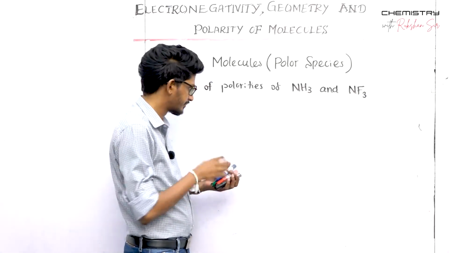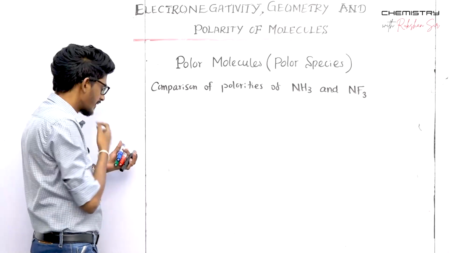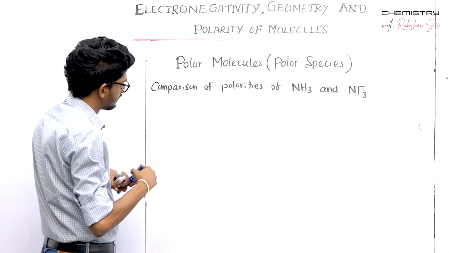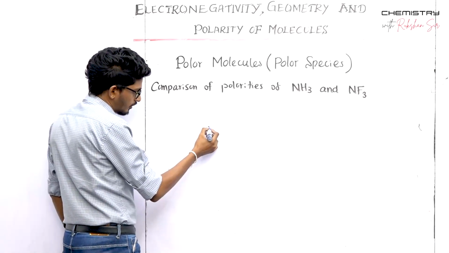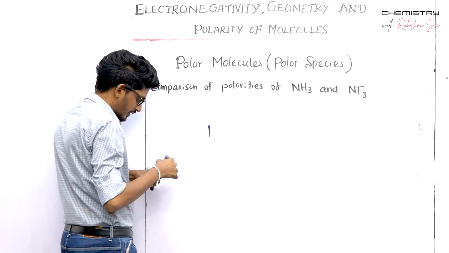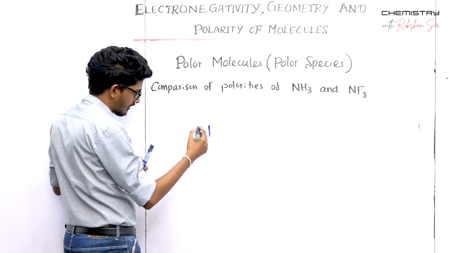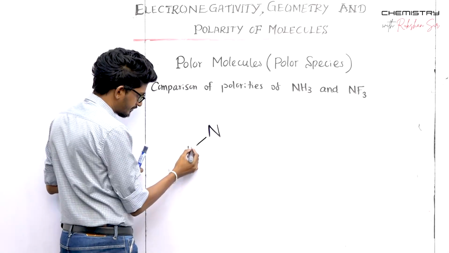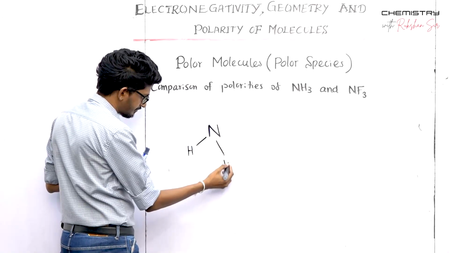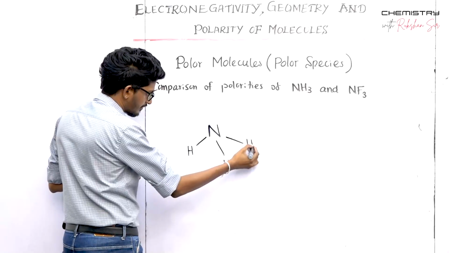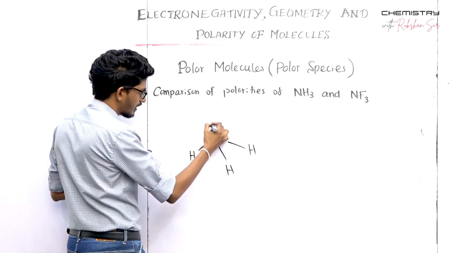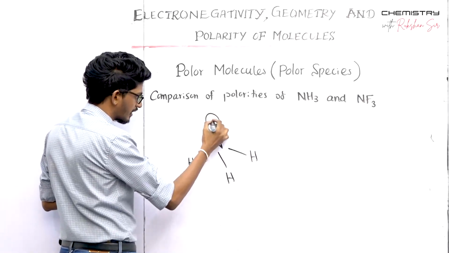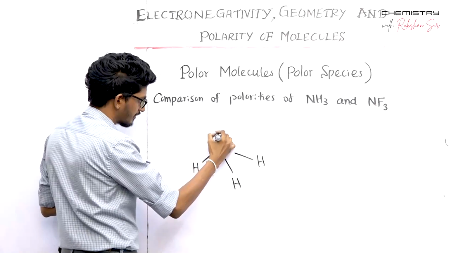Let's see. The idea is this. I'll write the NH3 first. This is the NH3. You have the lone pair as well, a small lone pair.